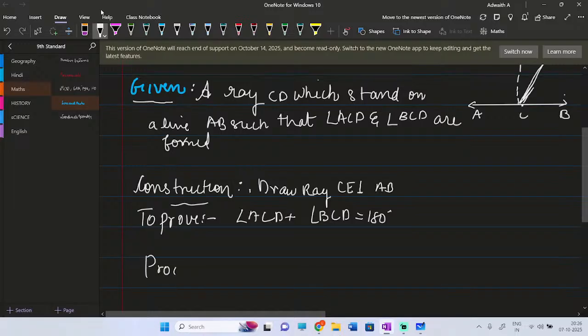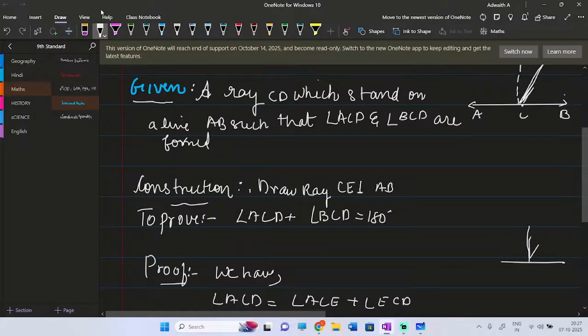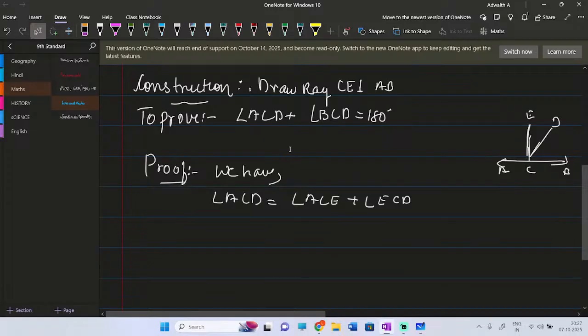And proof. When we are starting with the proof, we write we have angle ACD equal to angle ACE plus angle ECD. Your figure is like this, with A, C, B, D, and again D and E. So here, look, angle ACD is equal to angle ACE plus ECD. This complete angle, now it is bisecting CE and AB.